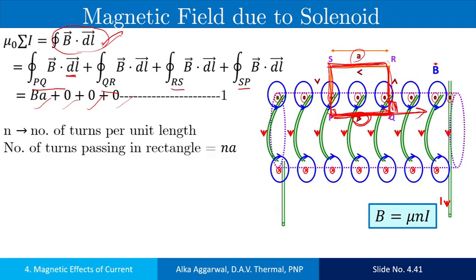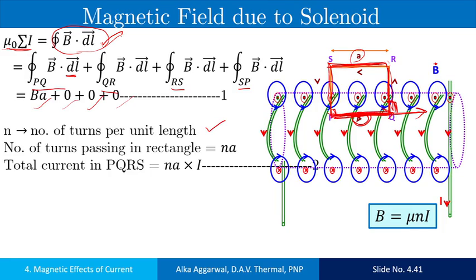Now let us see mu naught times the summation of I. First, talking about the total current, for this we have to find the total number of turns in this rectangle. Let n be the number of turns per unit length and a is the length of the side. So the total number of turns in the rectangle is n into a.